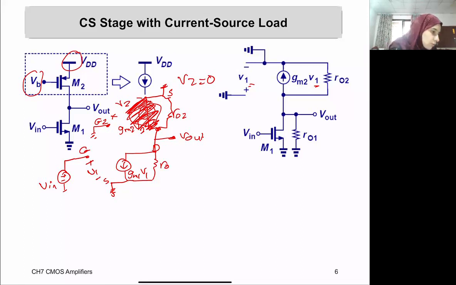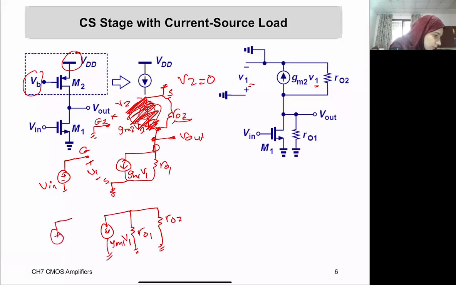Now, if we look from the out point of view, we see that from this node to ground, there is an R out 2 and there is an R out 1. So if you draw it like this, R out 2, and there is R out 1, and here is GM1 V1, and here Vn.